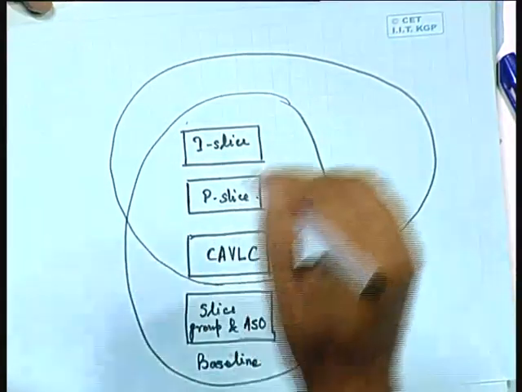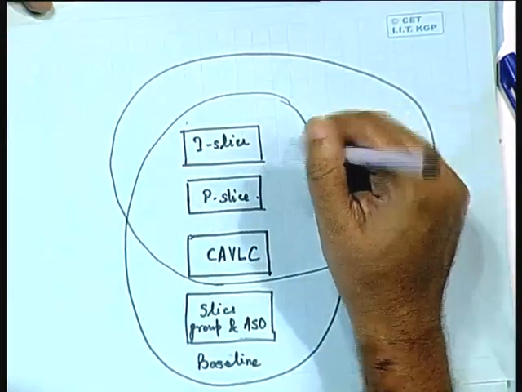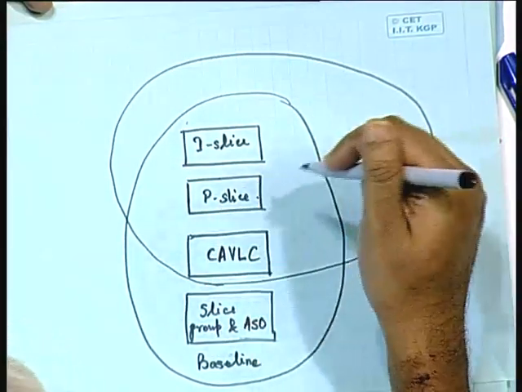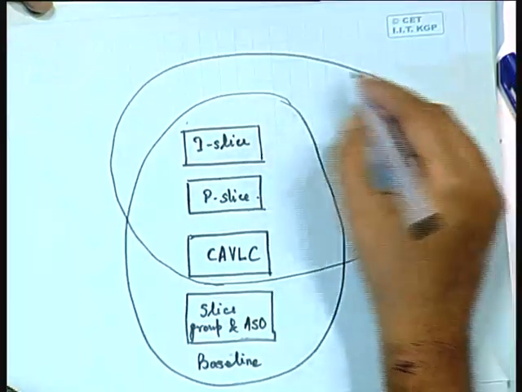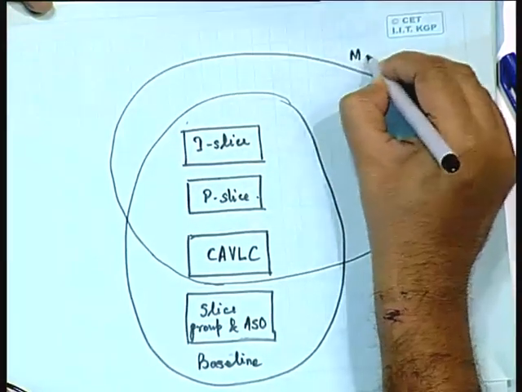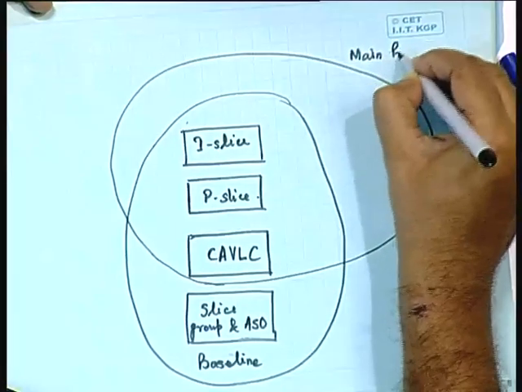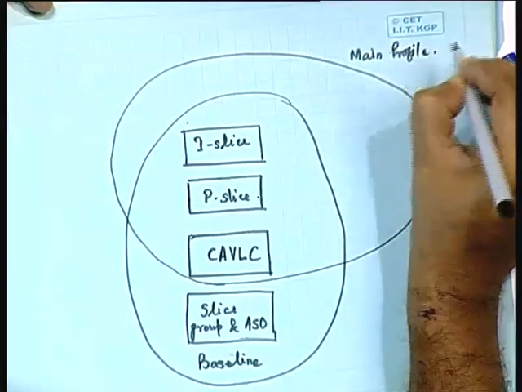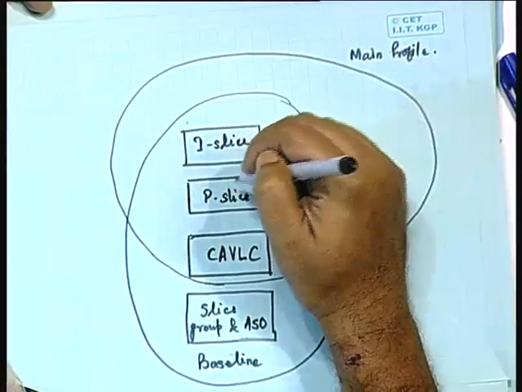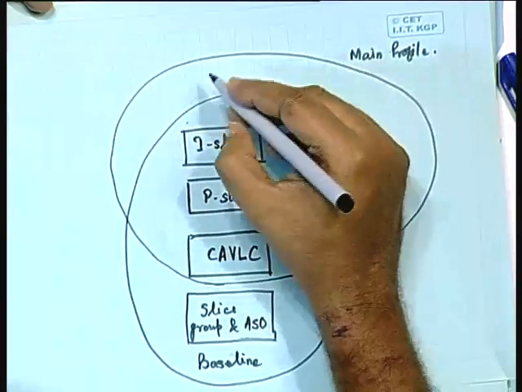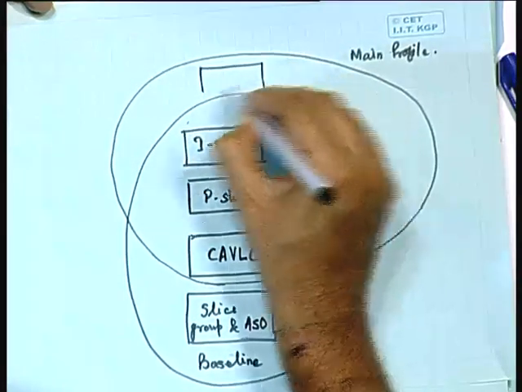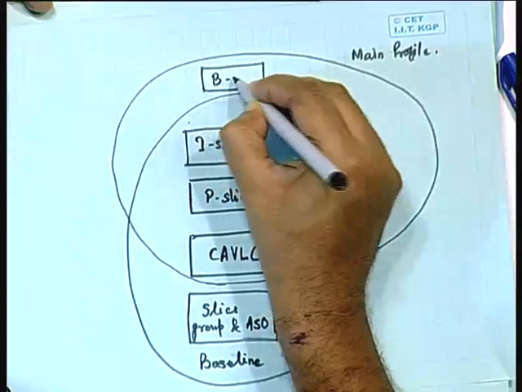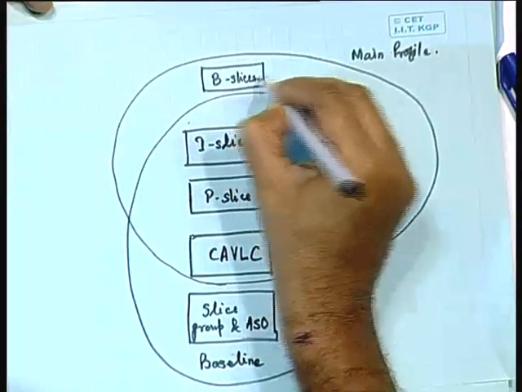In fact, B slices will not contain this slice group aspect. Now I am showing the major components of the main profile. In addition to I slice and P slice, it also supports the B slices.